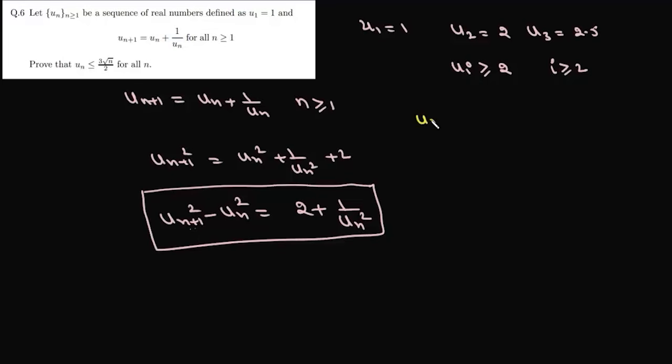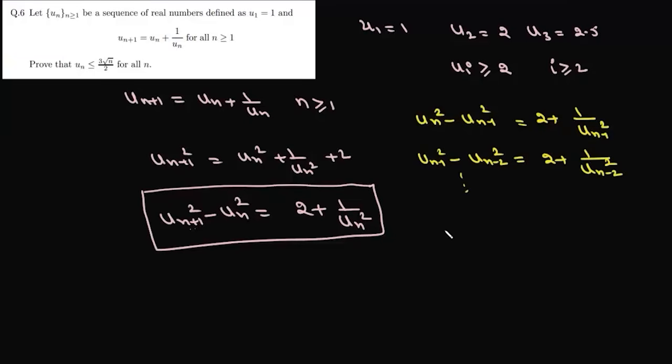So we can write un square minus u(n minus 1) square will be 2 plus 1 upon u(n minus 1) square. Next one will be u(n minus 1) square minus u(n minus 2) square, and there will be 2 plus 1 upon u(n minus 2) square, and will continue up to u2 square minus u1 square, and there will be 2 plus 1 upon u1 square.